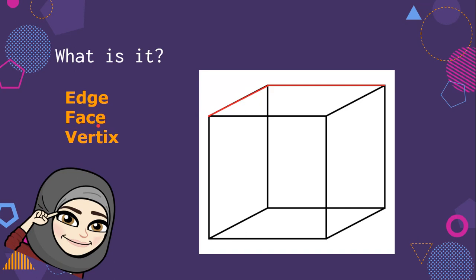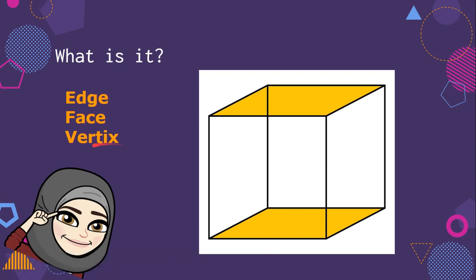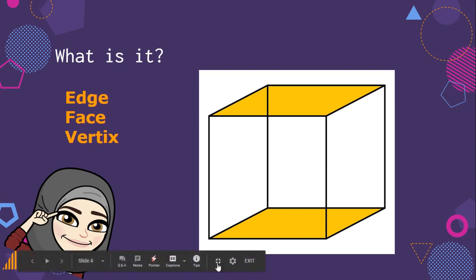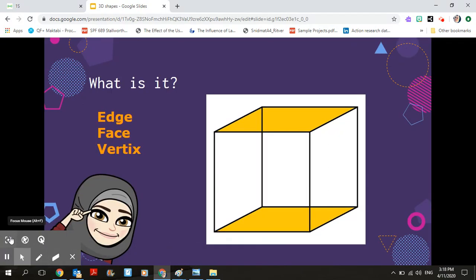Now let's go to face. What do you think the word face means? Oh, that's a face, like the side of the 3D shape. And this is also a face, this is a face, and all of these are faces. Let's see what the word vertex means. Well, vertices, boys and girls, are the corners.